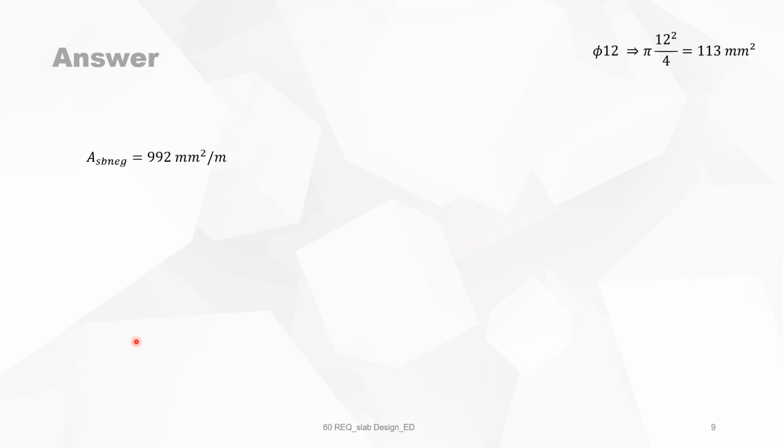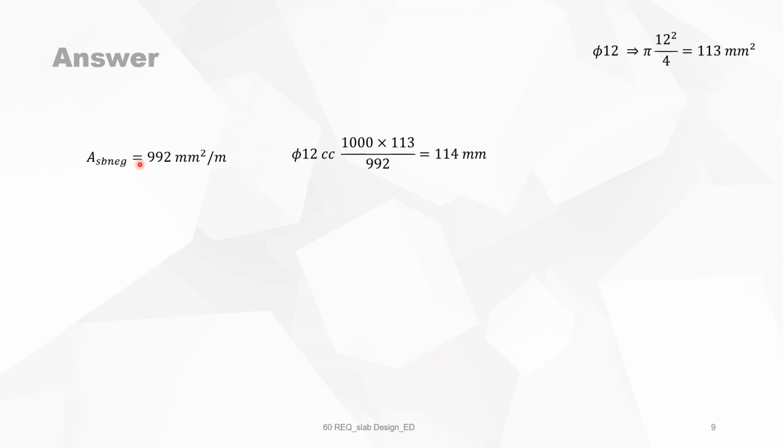Now, the needed reinforcement of the negative bending moments in the B direction was 992 square millimeter per meter. We only use diameter 12, so the cross section per bar is 113 square millimeters.